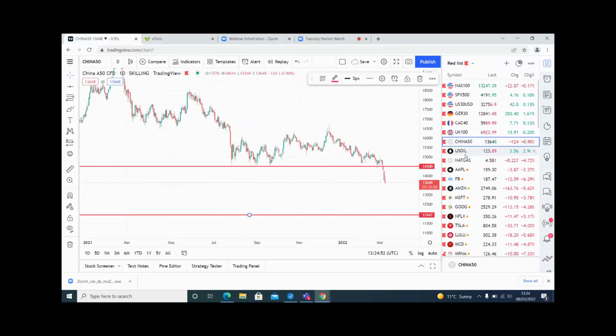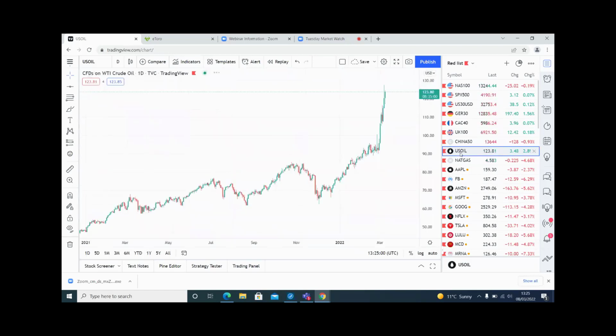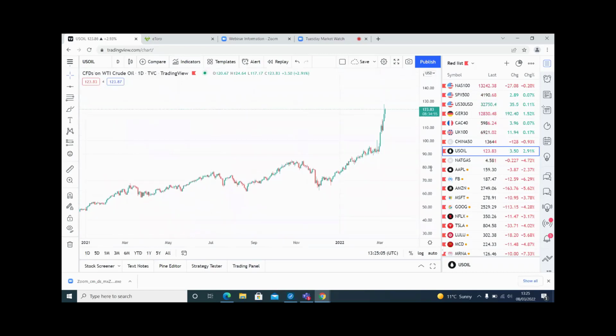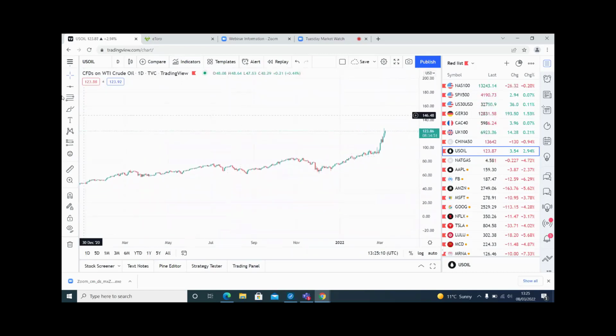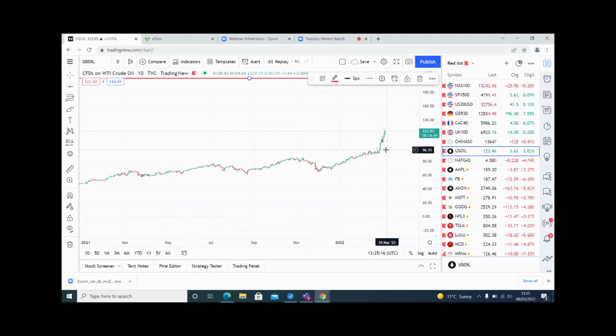So, did anyone see the post that popped up in the Discord chat group? Now, I talked about us potentially getting to $200 a barrel. Now, with the way this is running, we've gone 1, 2, 3, 4, 5, 6, 7 days.